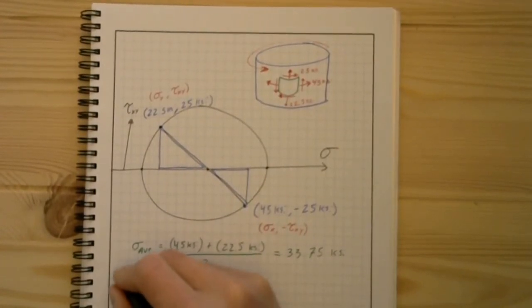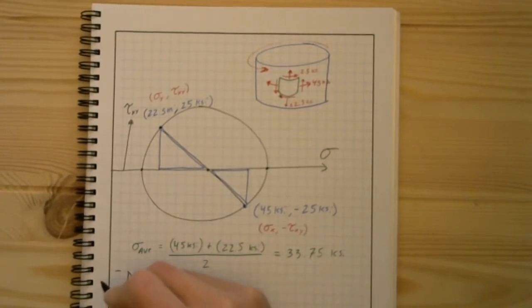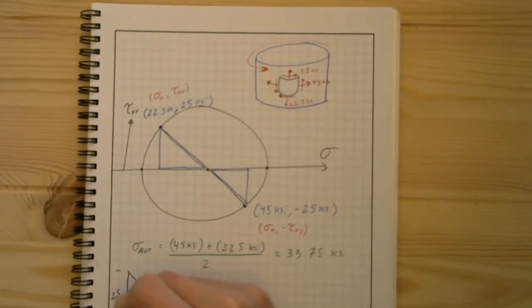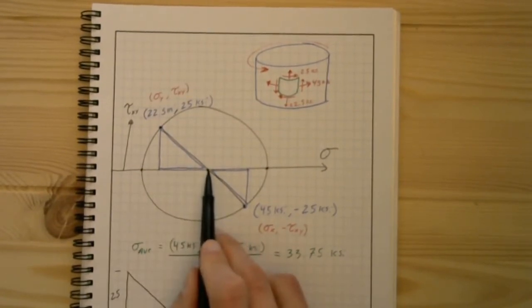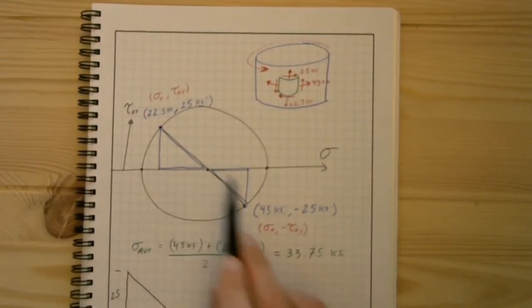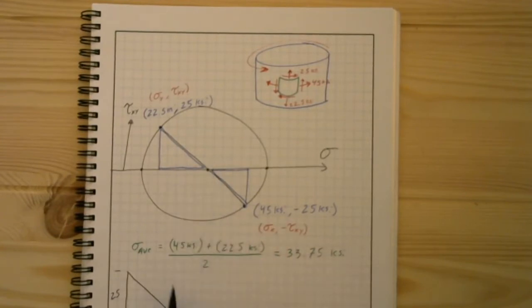We know that this distance right here has to be the shear stress, so it's 25 KSI. We know that this is the distance from this point to this point. This is 22.5. This is 33.75.